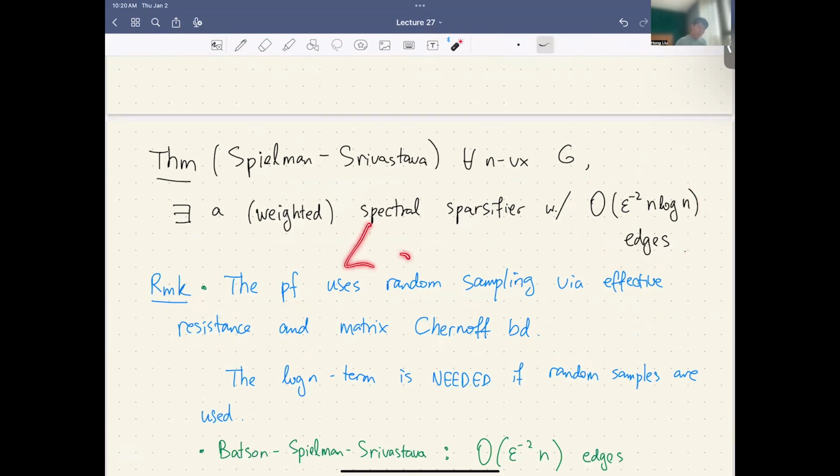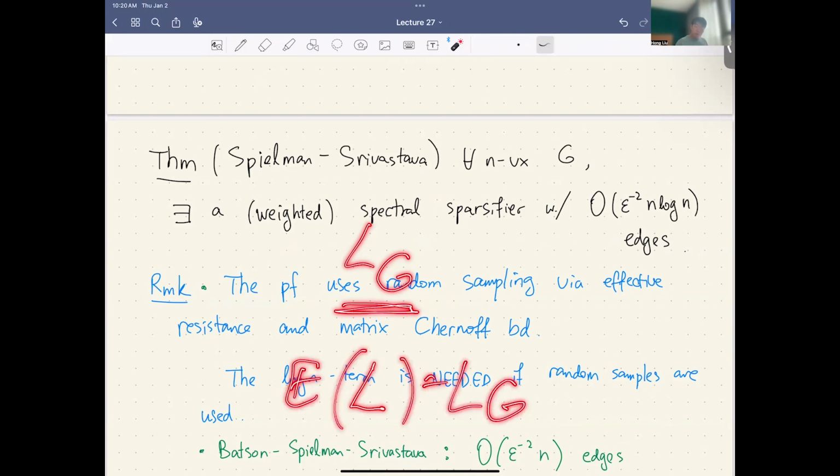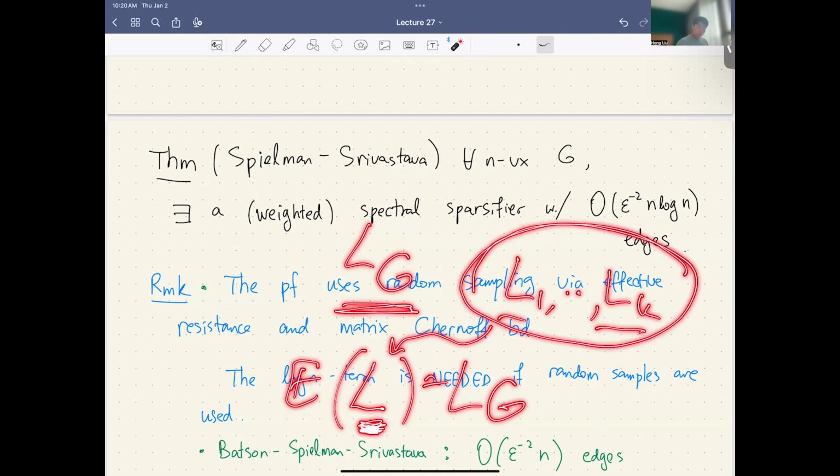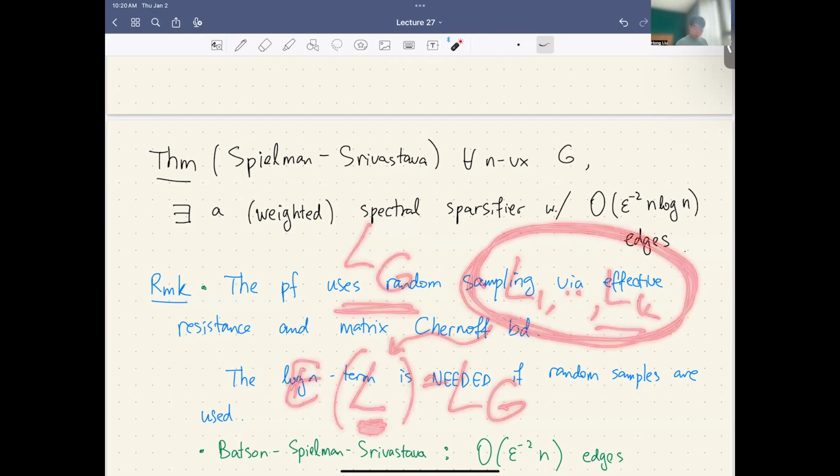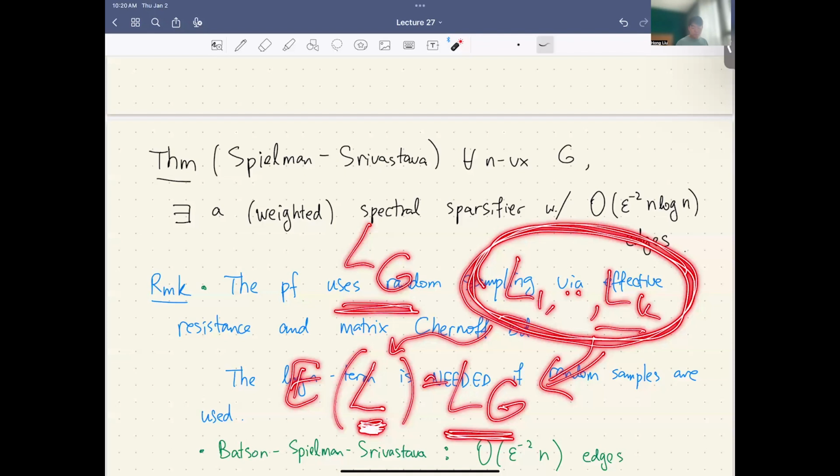But this n log n bound is the same idea as what we have seen. We want to approximate something, this time a matrix. Then we define some random matrices which in expectation equal the matrix we want to approximate. So we sample many IID copies of this random matrix, so that we hope the sample mean of these random ones will approximate our original Laplacian well.